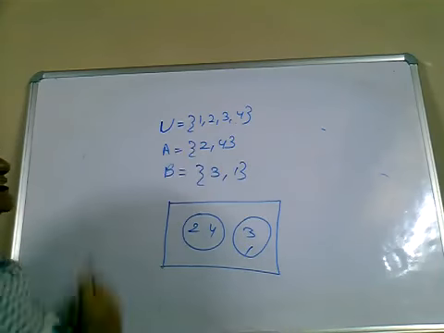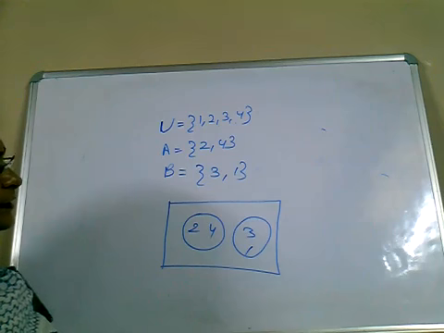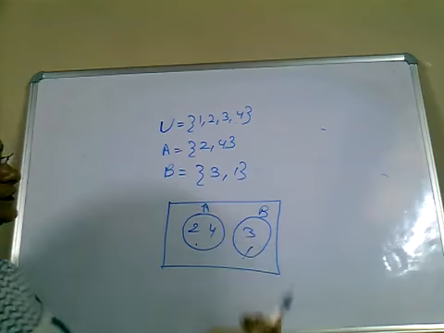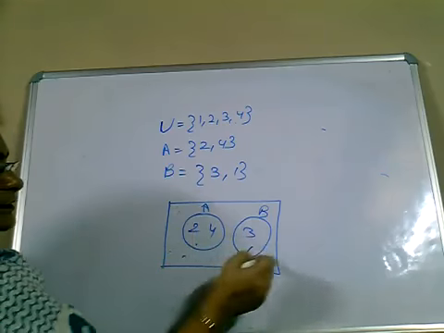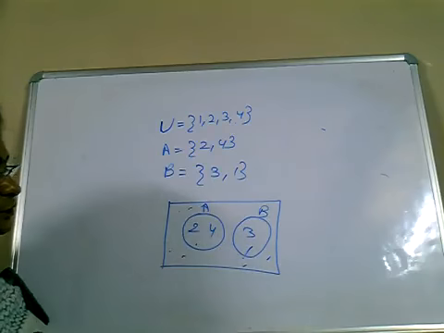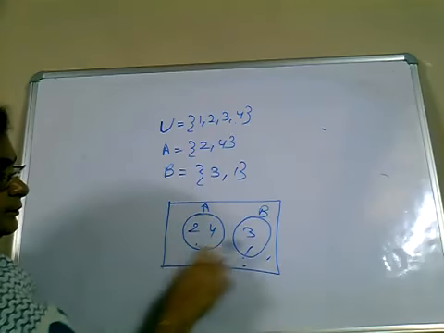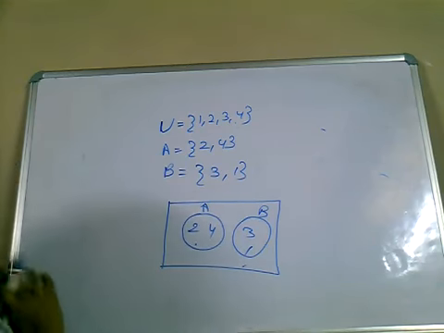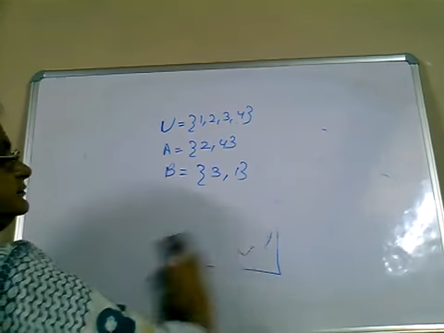In the universal set we have 1, 2, 3, 4, but in set A we have 2, 4 and in set B we have 1, 3. So no element is left, so nothing would be written in the rectangular portion. Let's take some more examples.